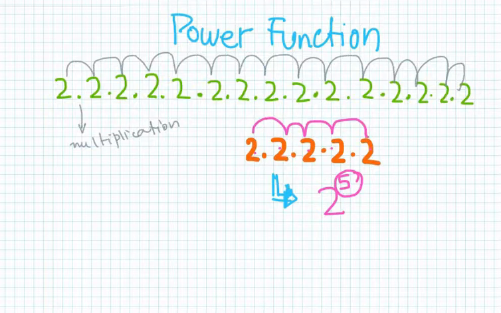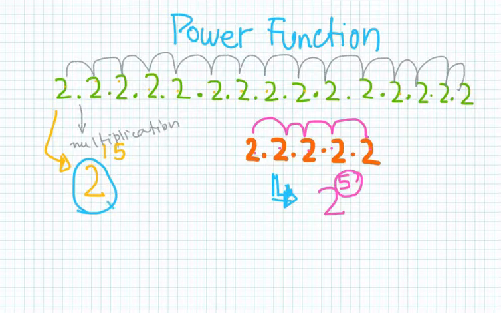So let's try this one. So 2 is the base, and 1, 2, 3, 4, 5, 6, 7, 8, 9, 10, 11, 12, 13, 14, 15. So power 15. Isn't it easy?